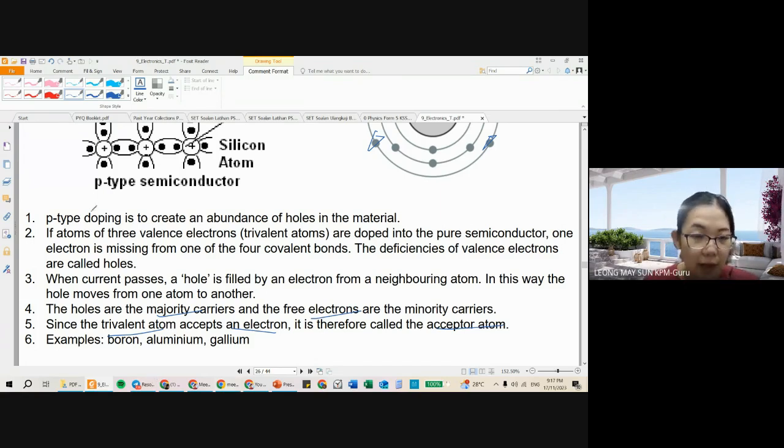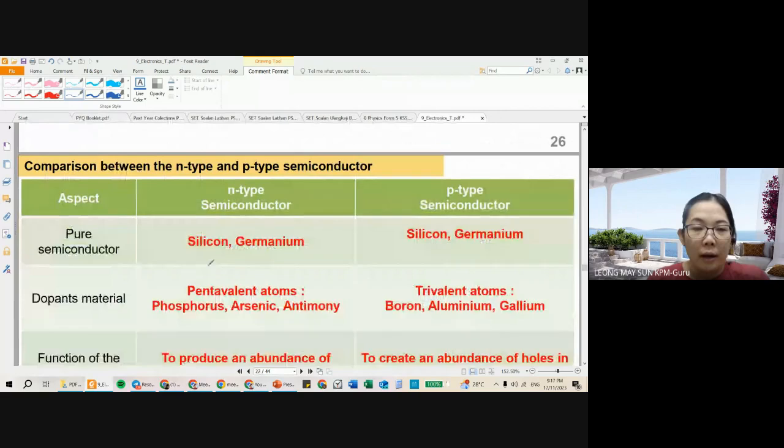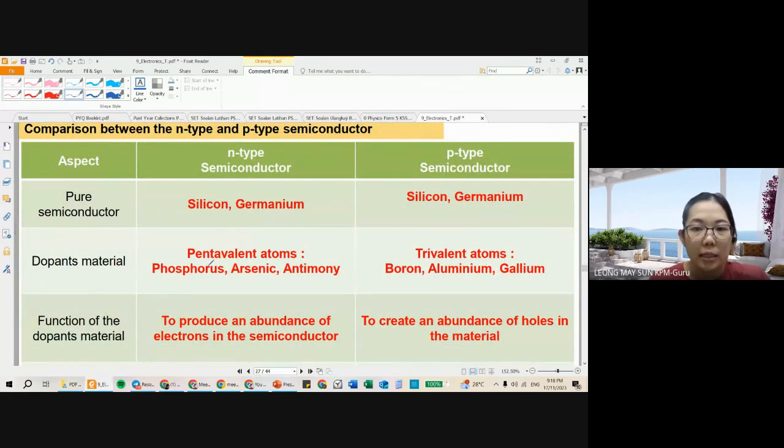Okay, so hence now you know P type stands for positive type semiconductor, majority is holes. N type is negative type of semiconductor, majority is free electrons. All right, so this is a comparison between the N type and P type. For pure semiconductor, we usually use silicon or germanium.